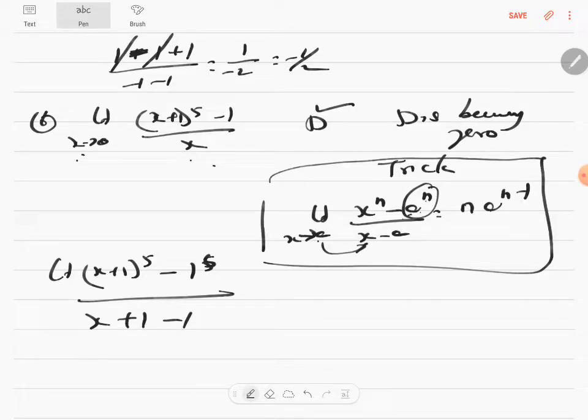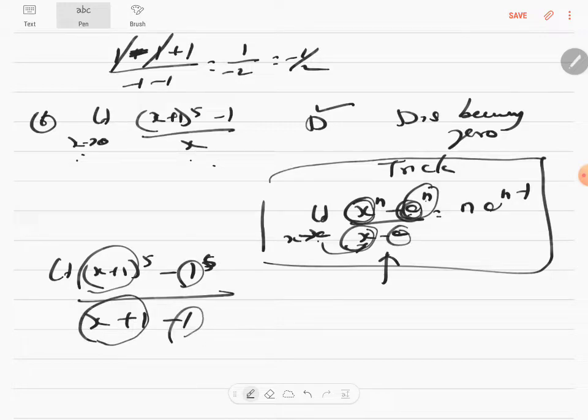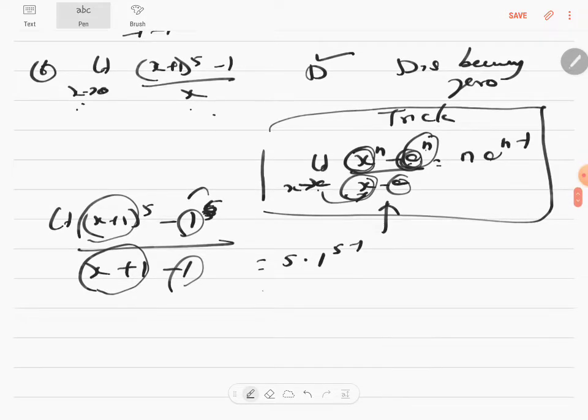You can add and subtract 1, right? There's no difference. So it becomes in this format, where in the place of x you have x plus 1, in the place of a you have 1. So answer is 5 into 1 to the power 5 minus 1. n into a to the power n minus 1. So answer itself is 5.